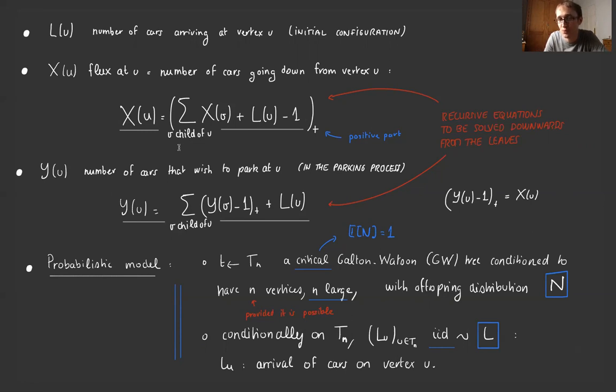So the probabilistic model we'll be interested in is to take a random tree T_n, a critical Galton-Watson tree conditioned to have n vertices if possible, with offspring distribution N. The other parameter of the model will be the car arrival distribution L. The L_U will be IID according to L, conditionally on T_n.